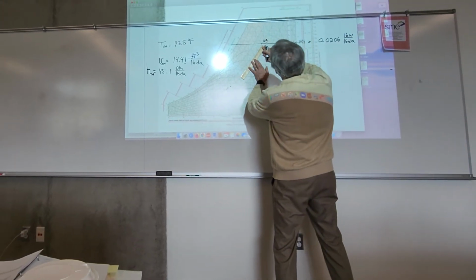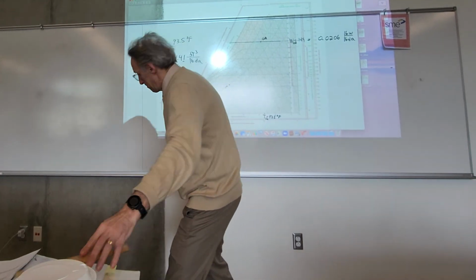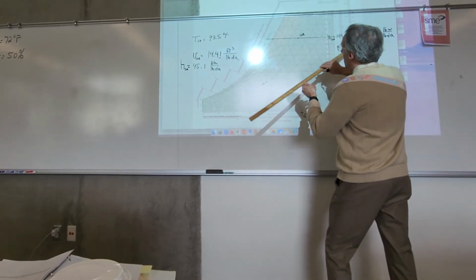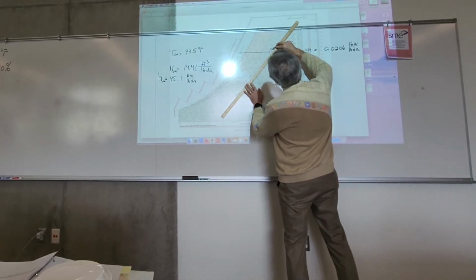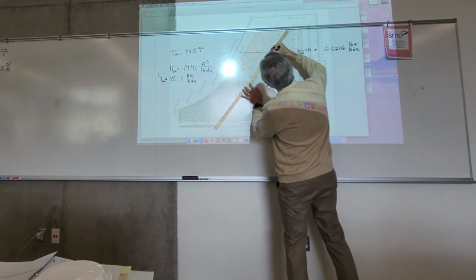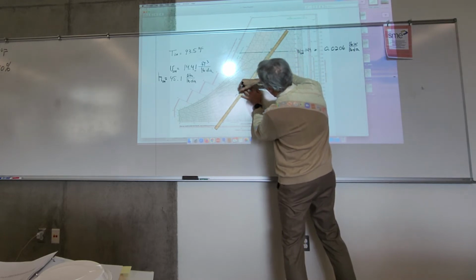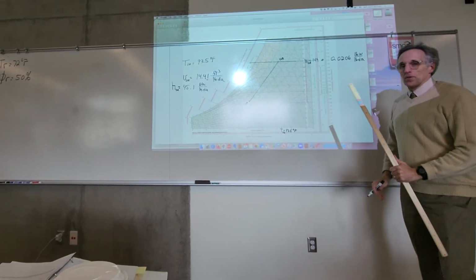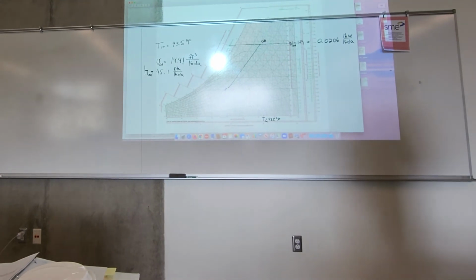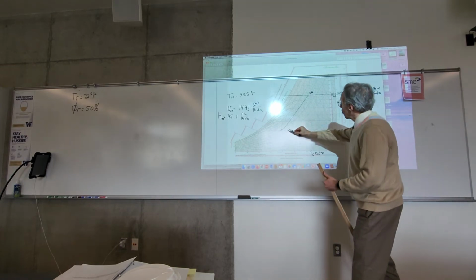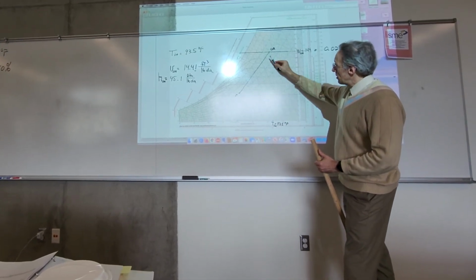So our air conditioning system will mix the outside air with the return air. We will connect them with a line like that, and the mix point will be based on the relative proportions of the return and the outside air.